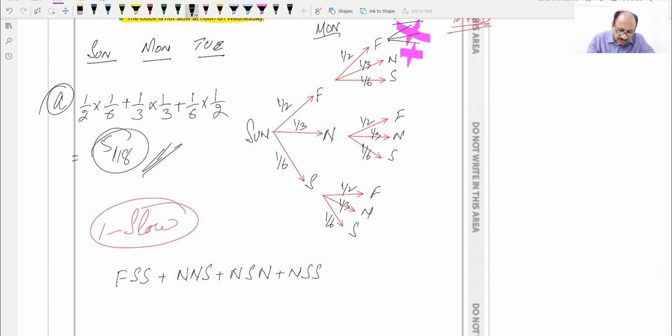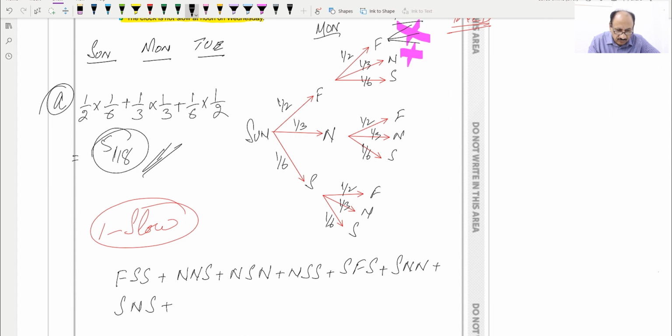And what else we can take? We can take slow, fast, and slow, plus we can take slow, no change, no change. And what else we can take? We can take slow, no change, and slow.